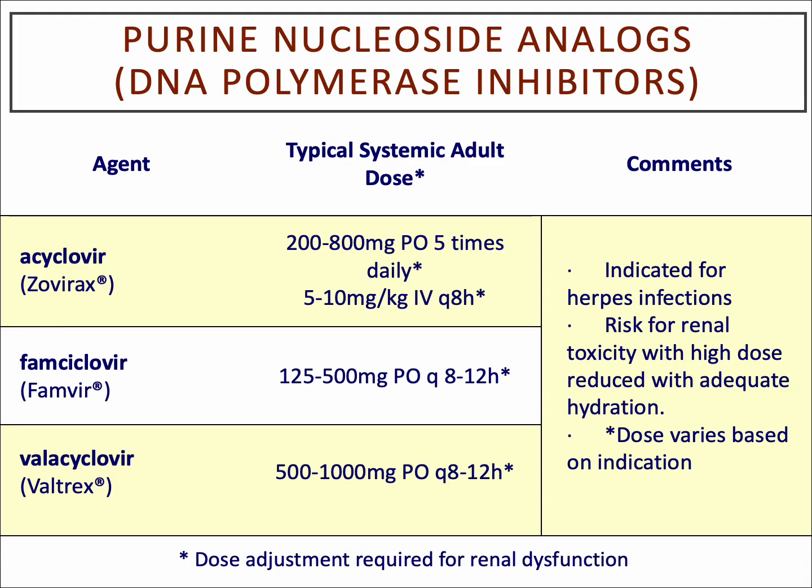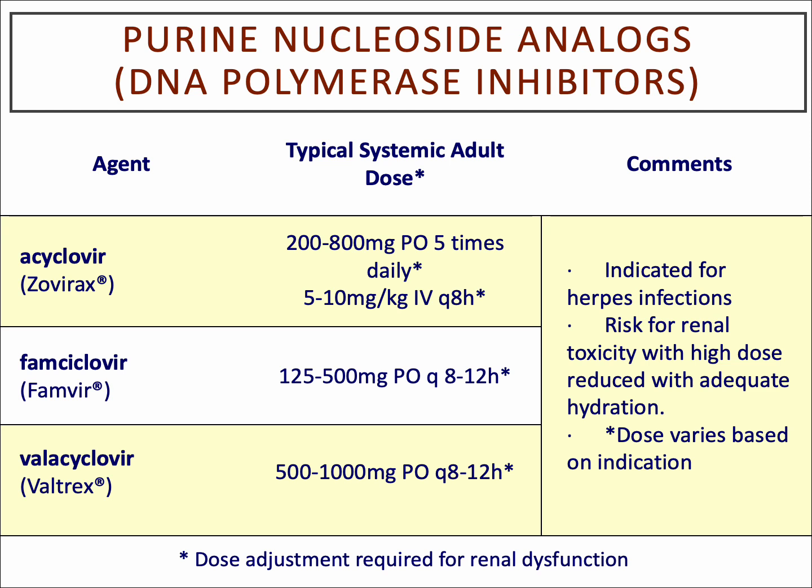So as we think about the agents for herpes, the mainstay agents we use are the purine nucleoside analogs. These are DNA polymerase inhibitors, and the standard agent we think of is acyclovir. Acyclovir has been around for a couple of decades. It works quite well at suppressing herpes viruses, particularly when we start therapy initially at the first outbreak or indication that we have a herpes infection going on.